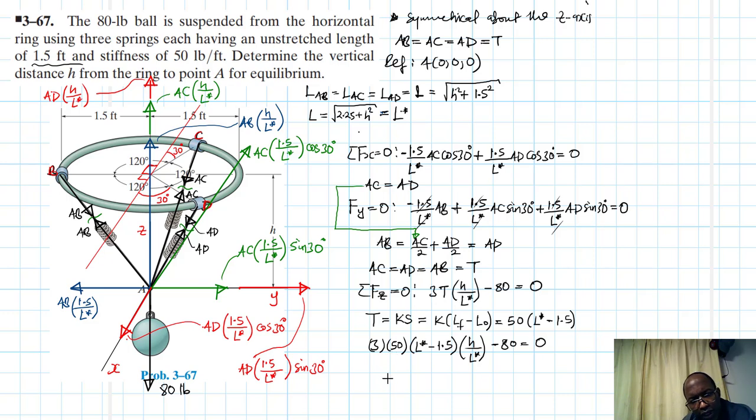If we simplify this further, it becomes 150 H, then minus 1.5 by 150, which becomes 225, H divided by L star, minus 80 equal to 0.